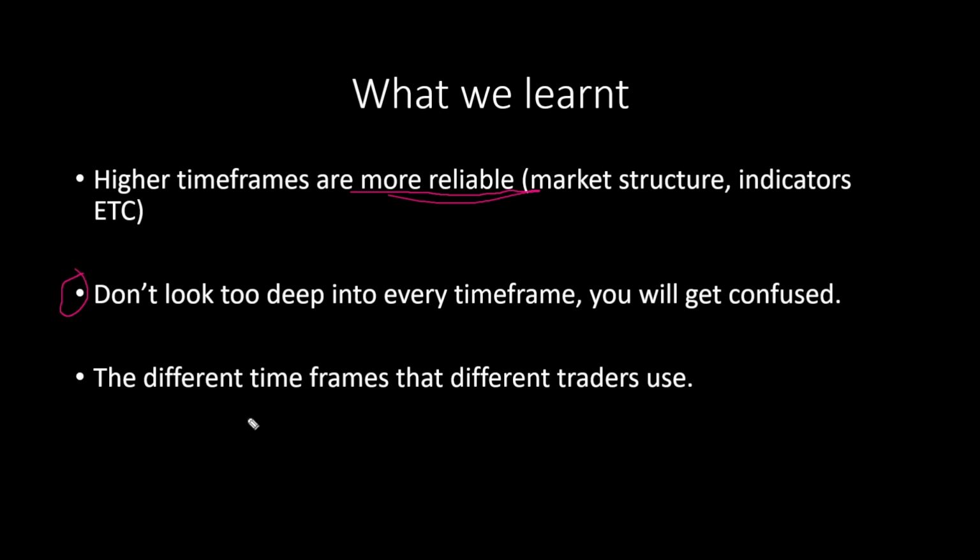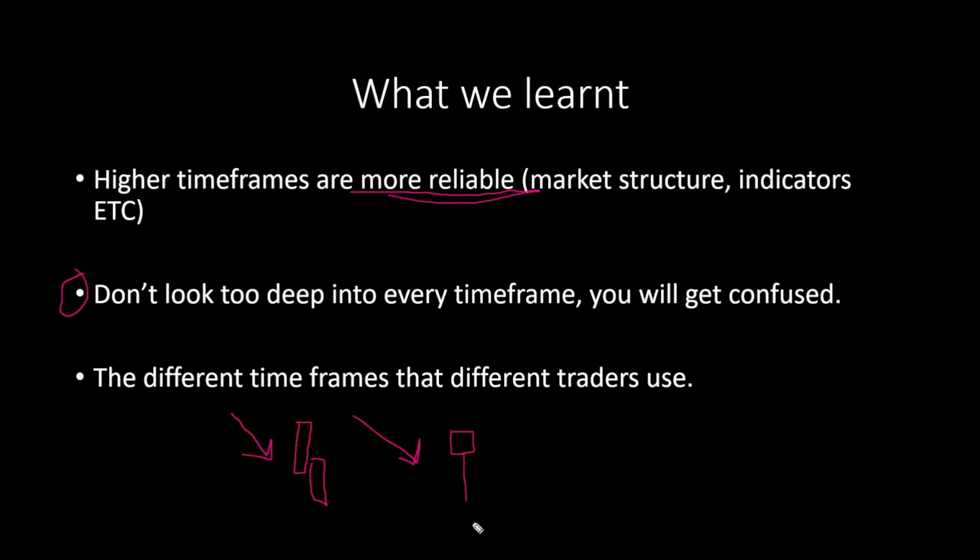So let's just say you enter on an M15 short and the candlesticks are coming down nicely. You look at the hourly chart or the 4-hour chart now, and you see that the candle looks like this.